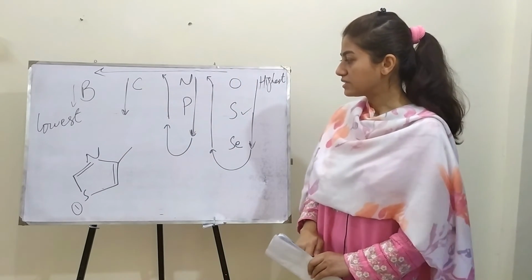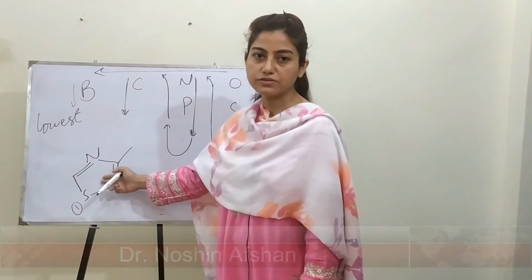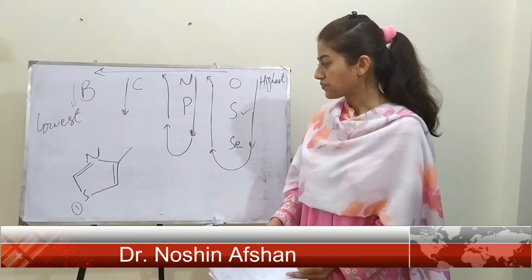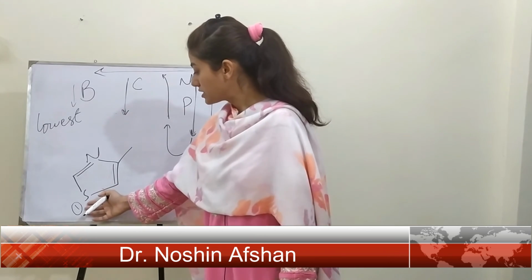So there is one more example, as we consider the nitrogen and sulfur as the heteroatoms in a 5-membered saturated ring. So on the basis of priority order, we would give sulfur the number 1 position.